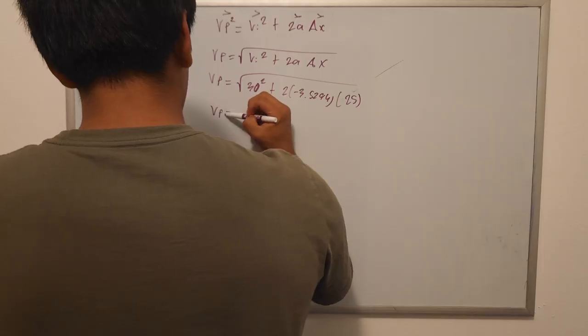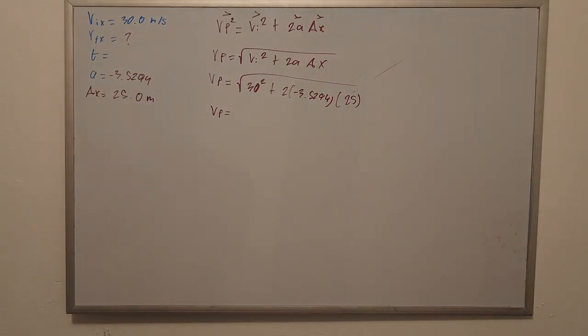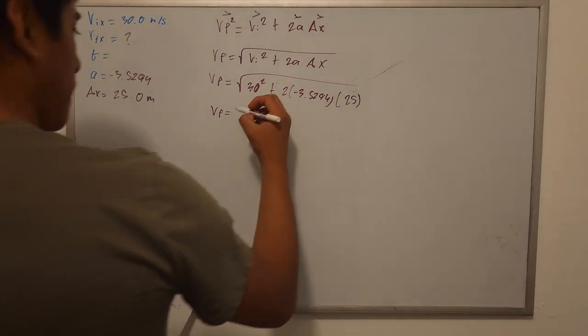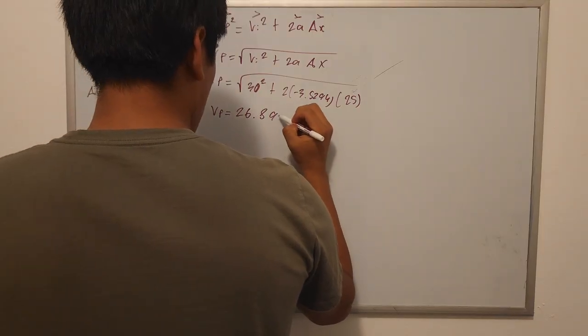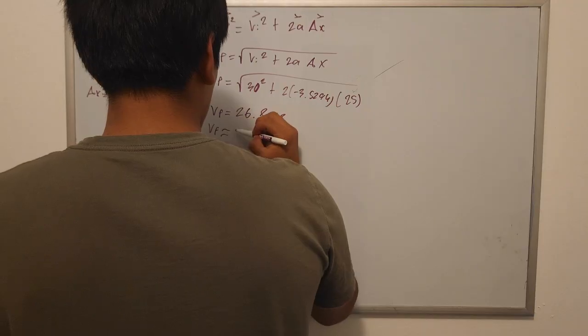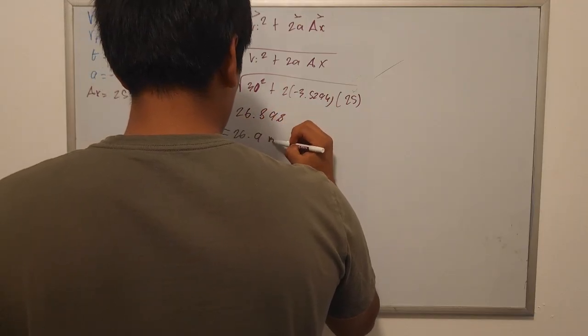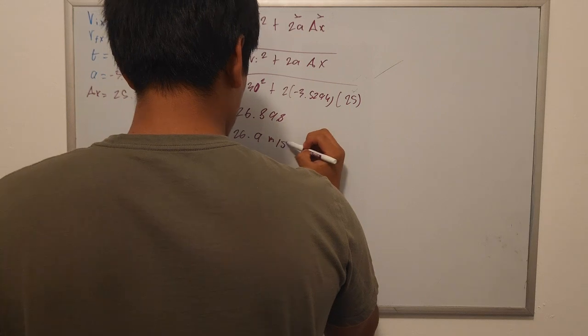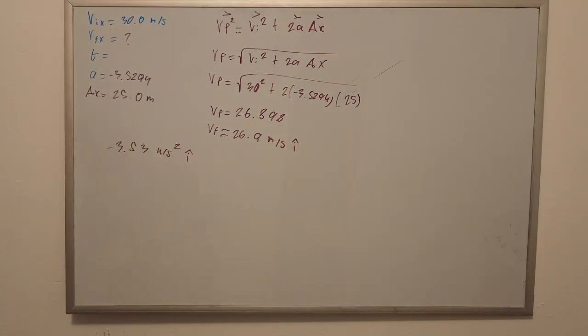Once you plug that in, you should get that velocity final is 26.898, or if you round it, 26.9 meters per second in the i-hat direction.